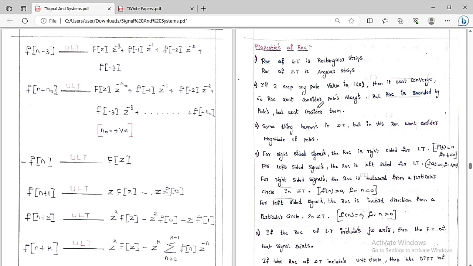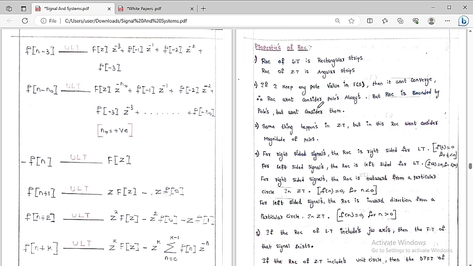So you are going to get infinity, which means it is undefined, it is not converging. If you keep any value in the ROC, it will give a finite value, but in this case you are going to get infinite. So ROC won't include the pole value. It is always bounded by the poles, but it won't consider the pole values.